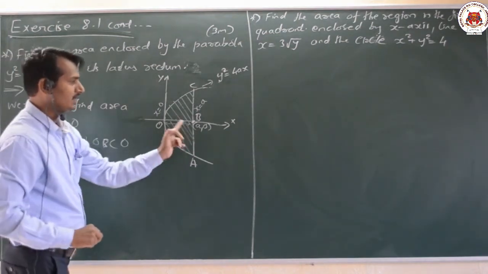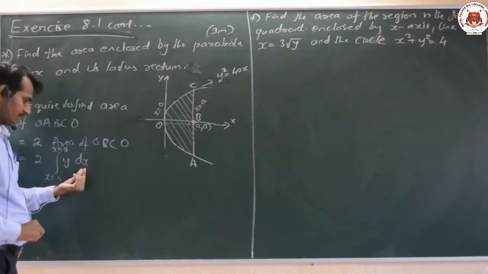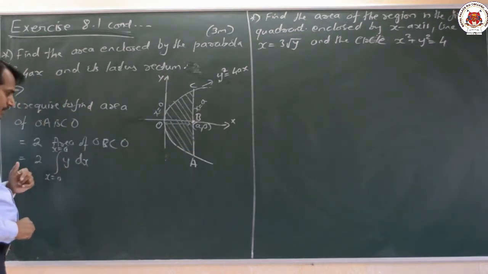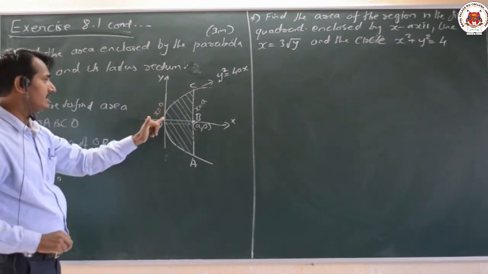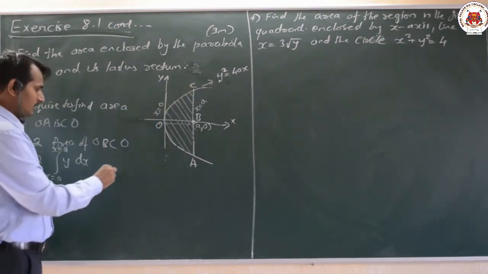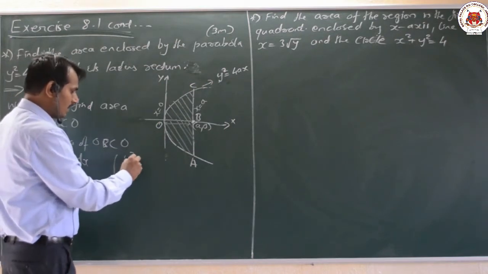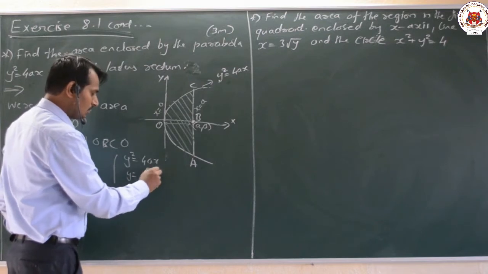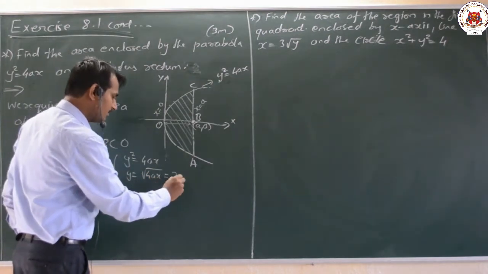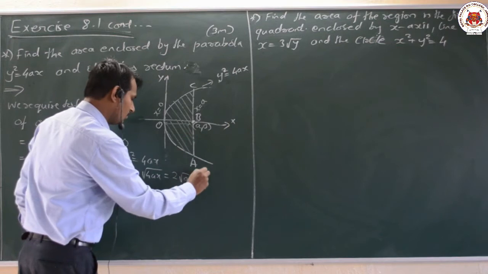Since it is with respect to the x-axis, we write dx and the function y. What is y here? From the given curve, y square is equal to 4ax, that implies y is equal to root of 4ax, that is 2 root a into root x.